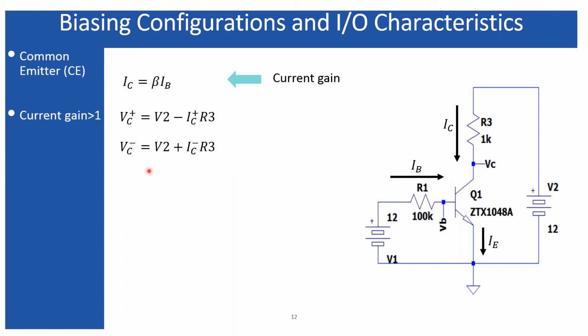Now the differential voltage we can calculate by subtracting them like this: VC plus minus VC minus, and the resulting equation will be this, where the incremental voltage is related to the incremental collector current or output current. From my last slide, we know the incremental output current is related to the incremental input voltage through this transconductance GM.